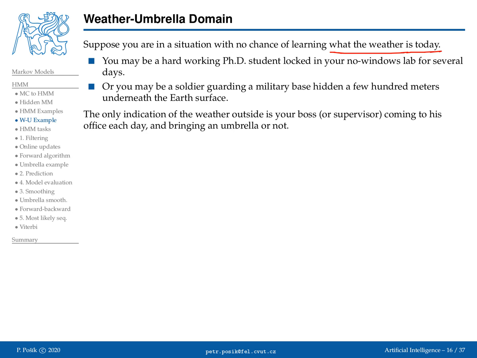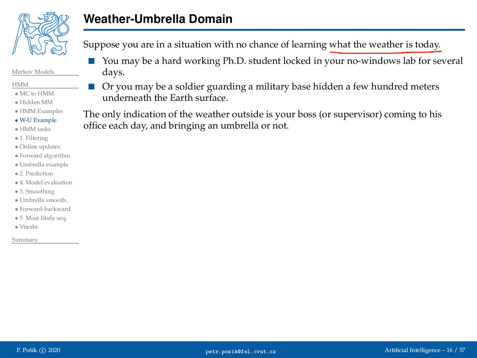Maybe you are locked there for several days and your only indication of the weather outside is whether your boss or your supervisor brings an umbrella with him or her each day. So you can assume that if it is rainy outside, then your boss will bring the umbrella with him.